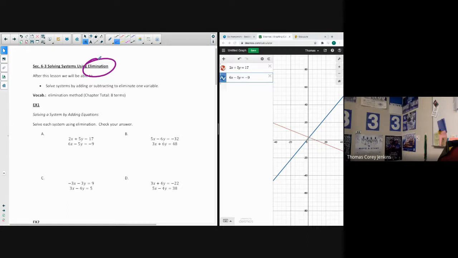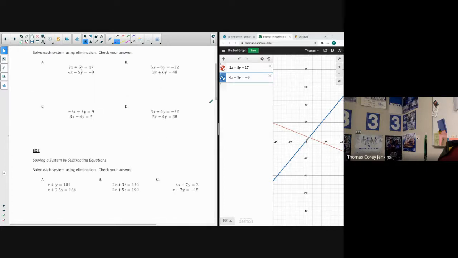Our learning target is to be able to solve systems by adding or subtracting to eliminate one variable. You'll notice that's kind of what we do with substitution too. When we make that initial substitution, if you look back at 6.2, you end up with one variable. So that's the key, is to get rid of one variable. On that note, we will get right to it.